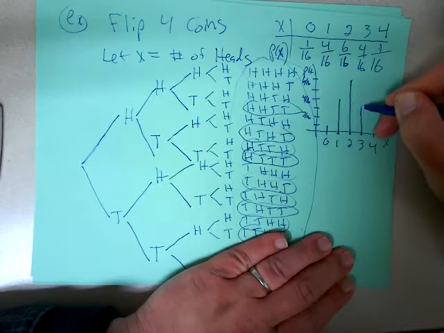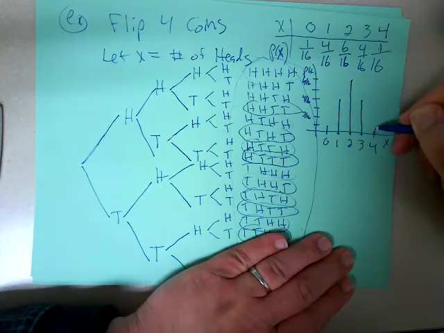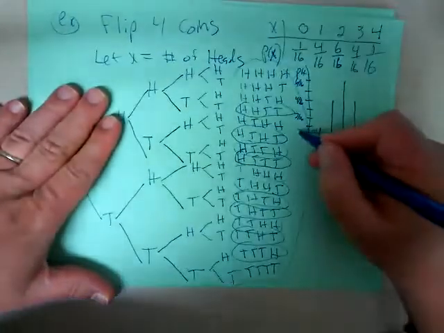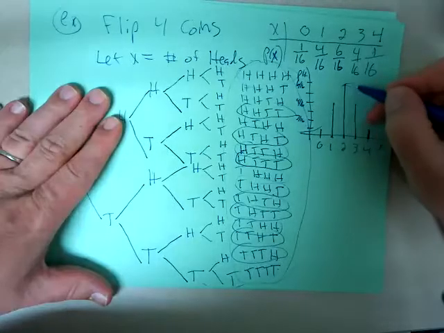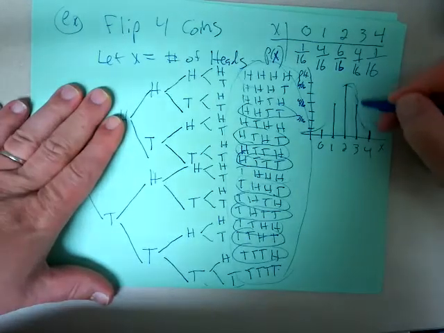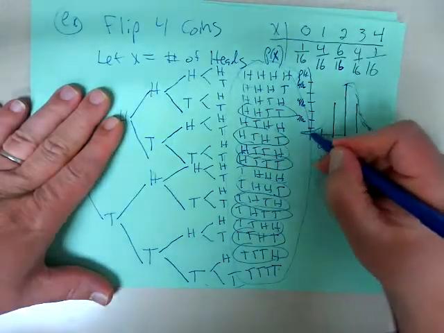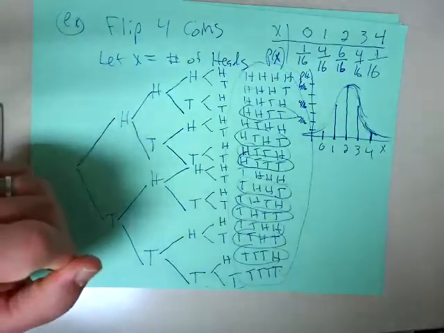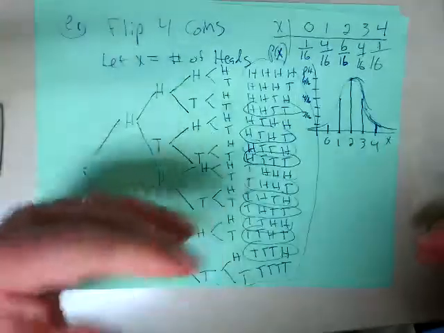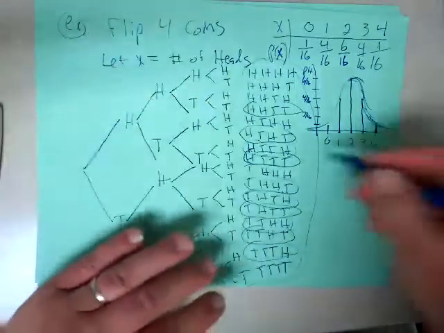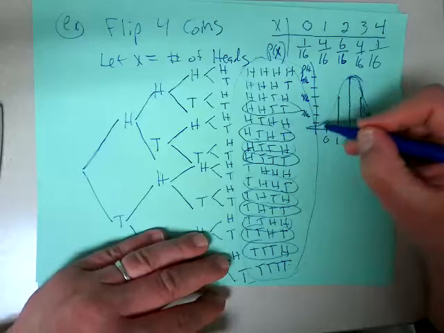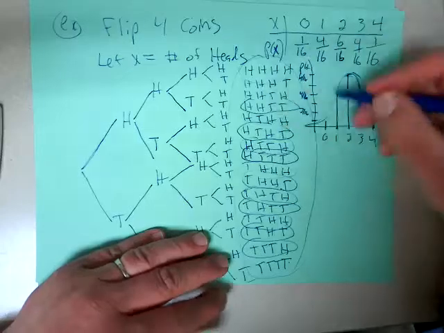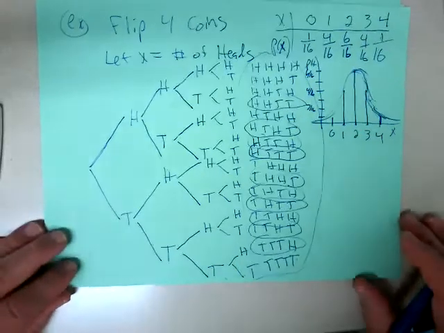This goes up to 4. And this goes up to 1. And again, we have a symmetrical distribution. If I tried to draw a curve through each one of these, you can see that, once again, it has that nice normal shape to it. And as it turns out, if I did 5 coins, 6 coins, 10 coins, 50 coins, 100 coins, it'll have this symmetrical shape, and if you draw the line, you'll just fill in this curve. However many coins, it'll form that nice normal shape.